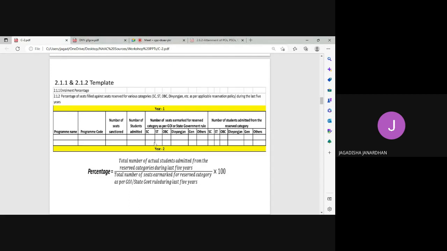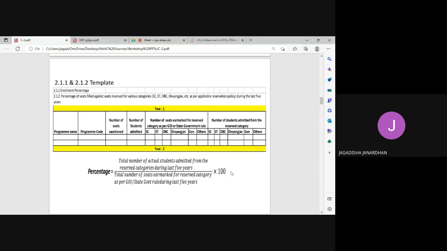Here, the percentage will be calculated like this. Total number of actual students admitted from the reserved categories during the last 5 years, that is SC, ST, OBC, meaning how many students got the seats during all the last 5 years, divided by the total number of seats marked for the reserved categories for the last 5 years, into 100.